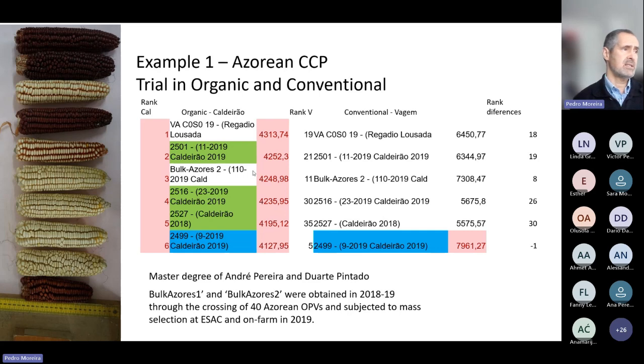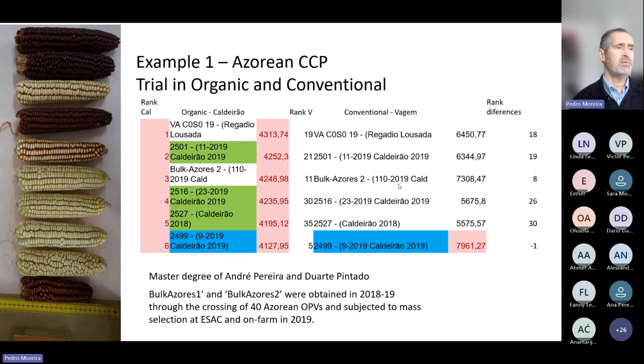As you can see, this is one of the bulks. For instance, in terms of rank, in organic or in conventional, it was third in organic, but in conventional, it was 11th. So there was a difference in rank of 8.